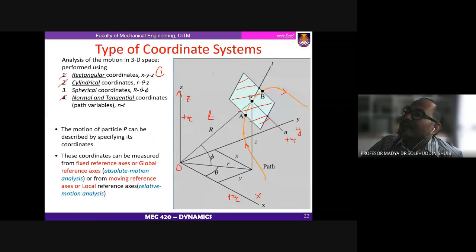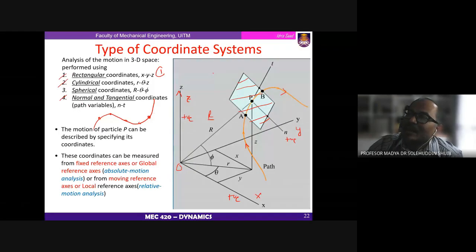We have this plane, this path. When you have a path, always remember the normal and tangential coordinates. We have what we call path variables. So we have any path, and this particle moves along it, so you will have normal and tangential.